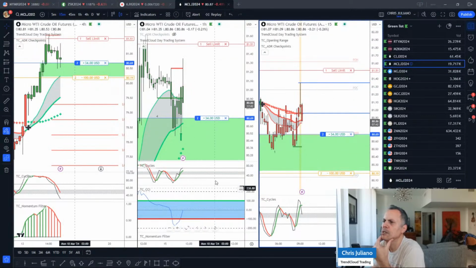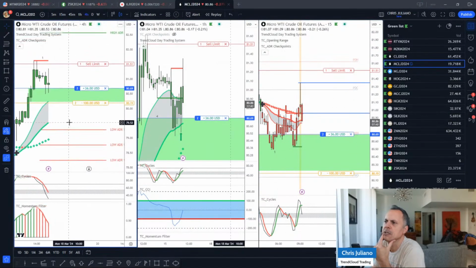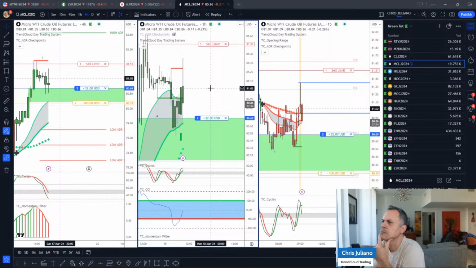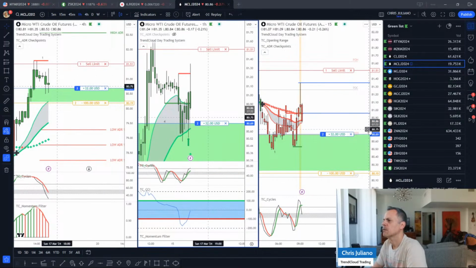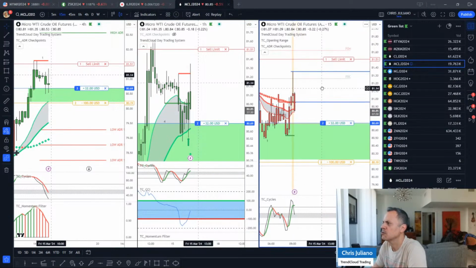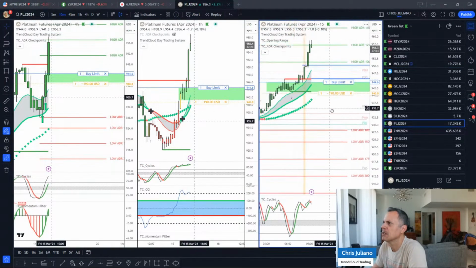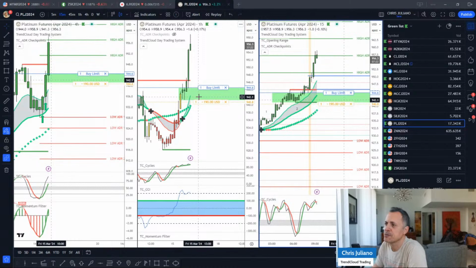Dang it, crude oil. Pulling back. Okay. We'll just let that play out. I'm going to set up that platinum trade on the 1 hour demand zone and wait for that pullback.